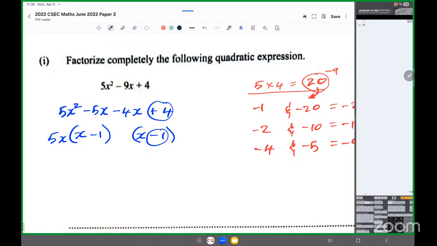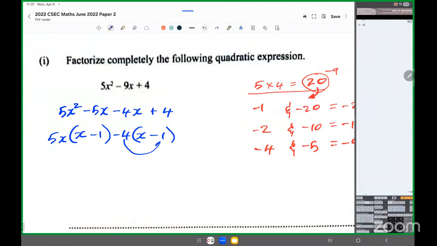That will give me a -4. Or I can divide this minus 4x by this x. Still going to get the same thing, and -4 inside. If you're not sure, you can check it. Minus 4 times x is minus 4x, and minus 4 times minus 1 gives me a +4.